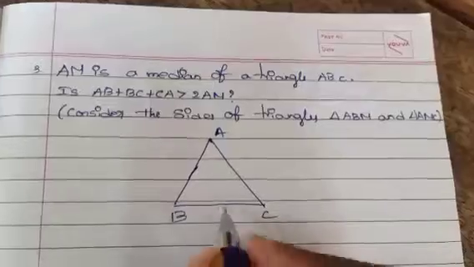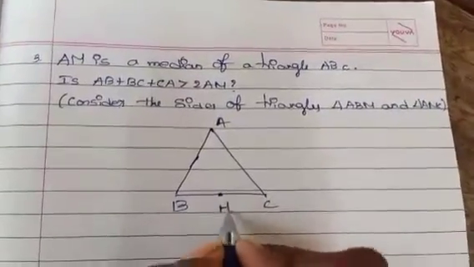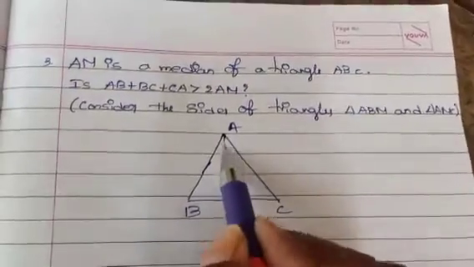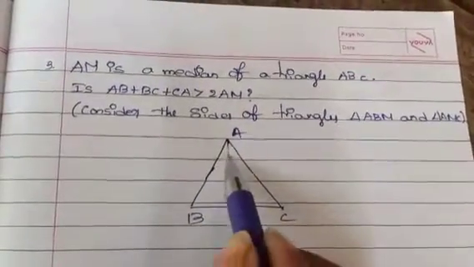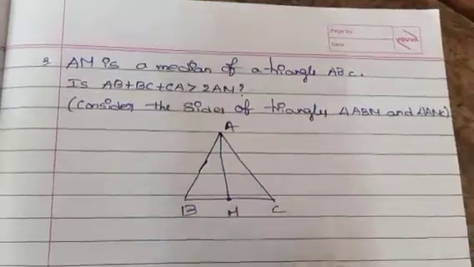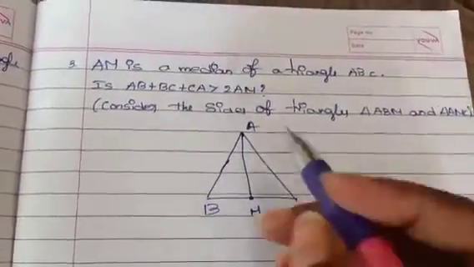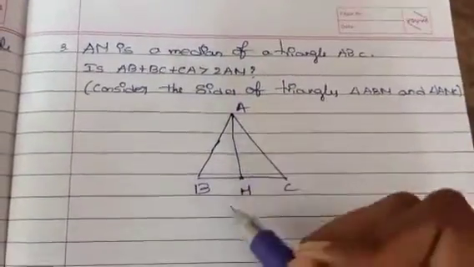AM is a median. So first we take the midpoint as M and draw the line. From the vertex to the midpoint we draw one line, that is a median. So AM is a median.